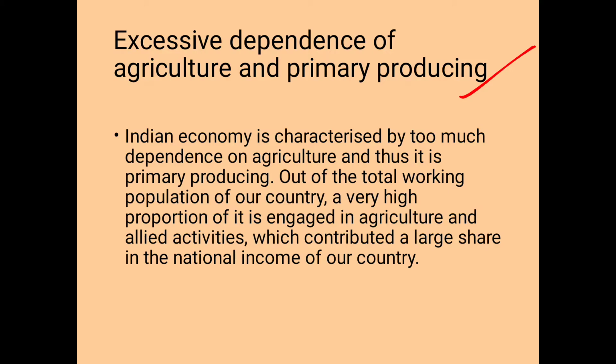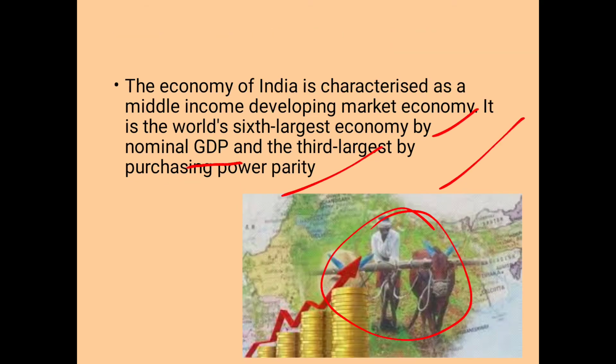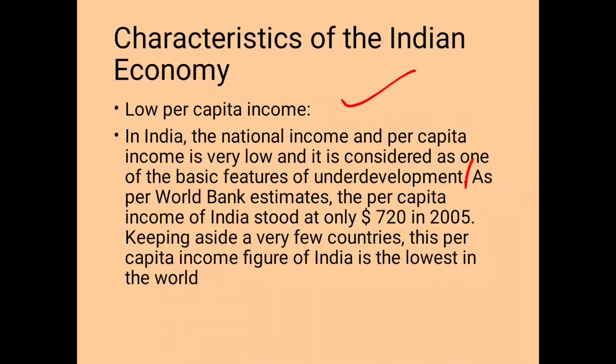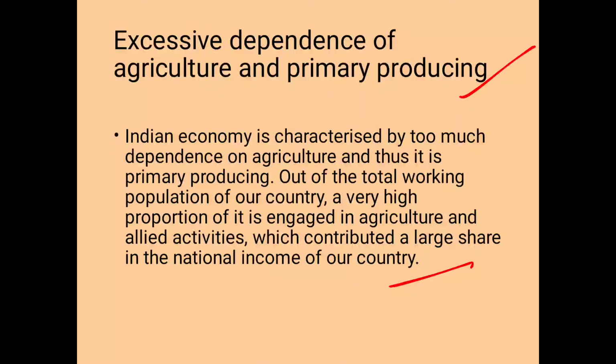Out of the total working population of our country, a very high proportion is engaged in agriculture and allied activities, which contribute a large share in the national income of our country. As I told you in the first video, agriculture is the main sector in the Indian economy. So we are more dependent on agriculture, and that is a main characteristic.